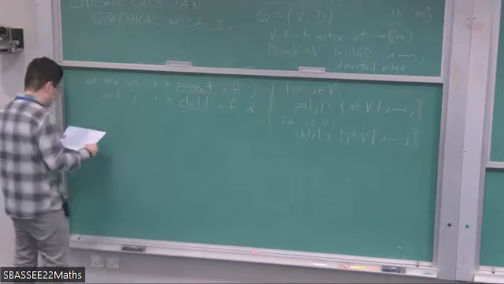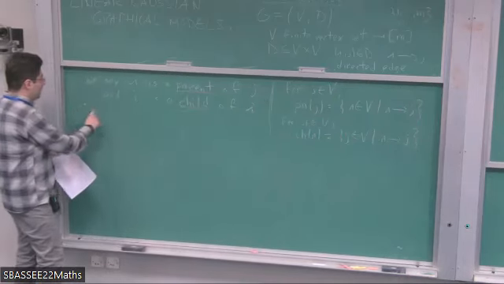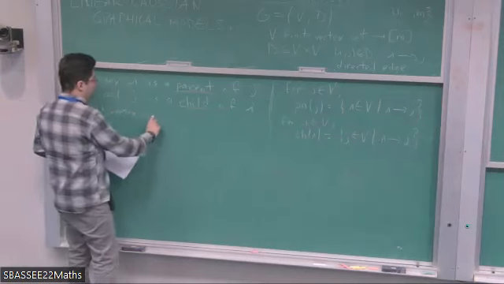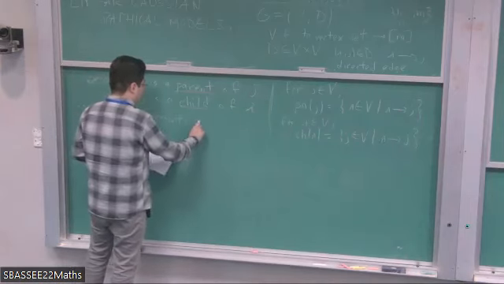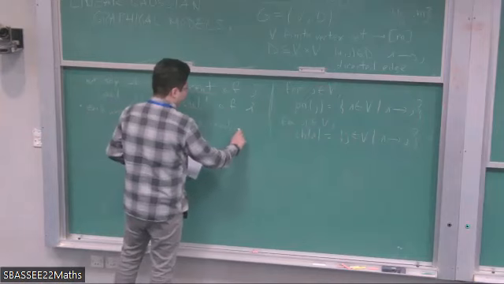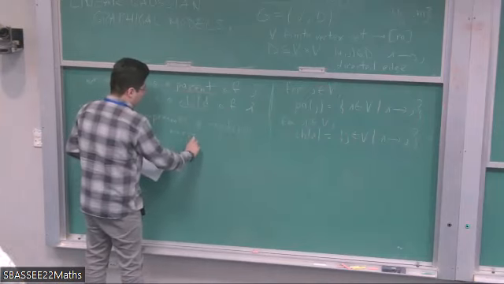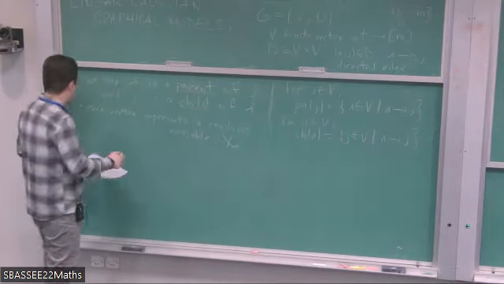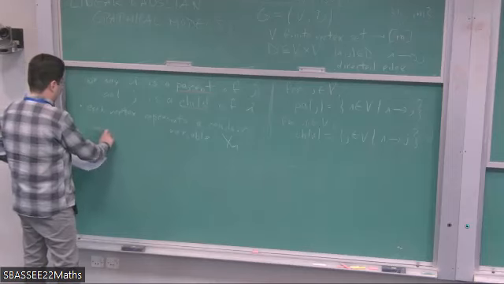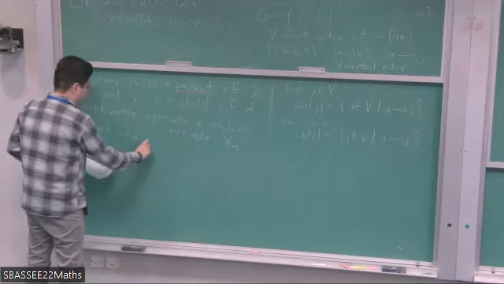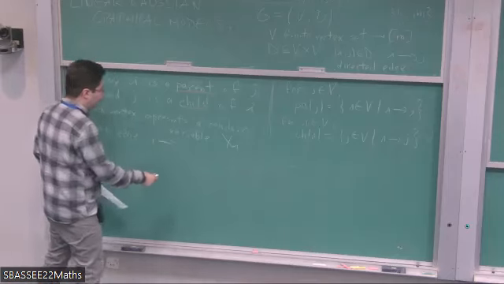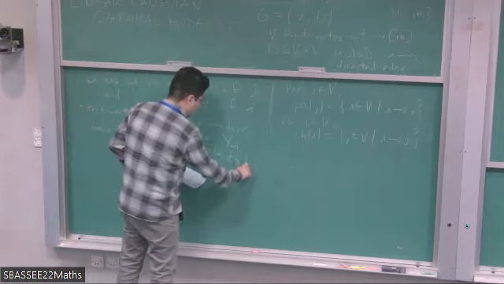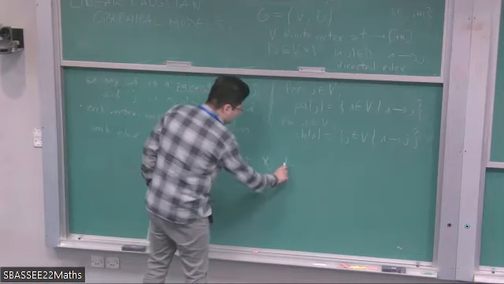As we said in the first lecture, each vertex of the graph represents a random variable X_i, and each edge i pointing to j encodes that X_j depends on X_i.